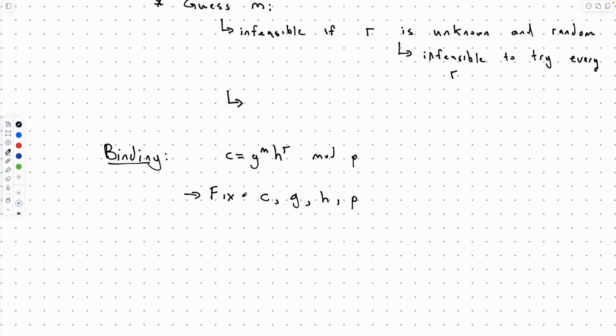So these are all constants. Are there more than one values? In this case, I have two parameters I control, I can control M or R, that give you C.